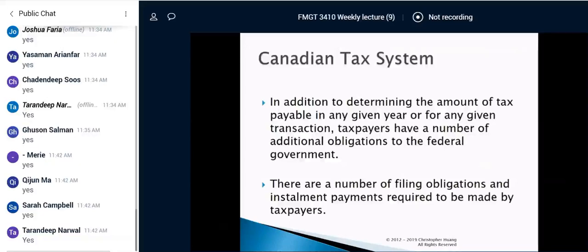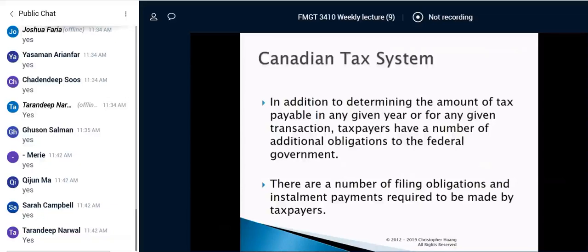Okay. So in our system, I think one of the things you have to understand is there are obligations that are put on taxpayers. And more importantly, there's timing. They put requirements on when you have to pay installments and when you have to pay your final tax bill and when you actually have to file your tax returns.